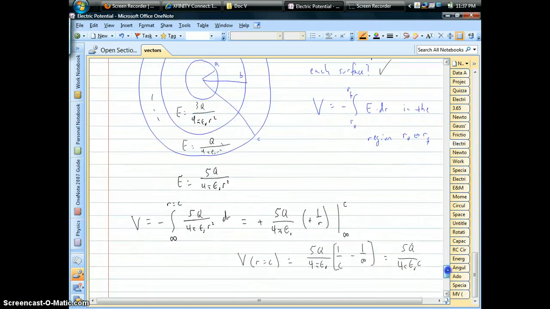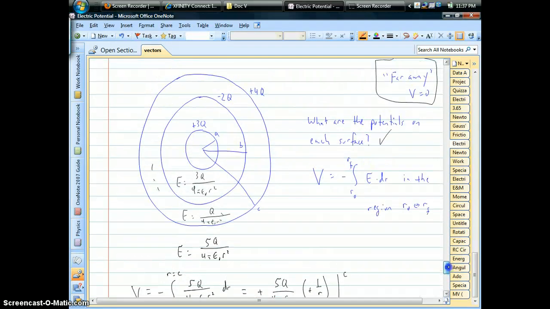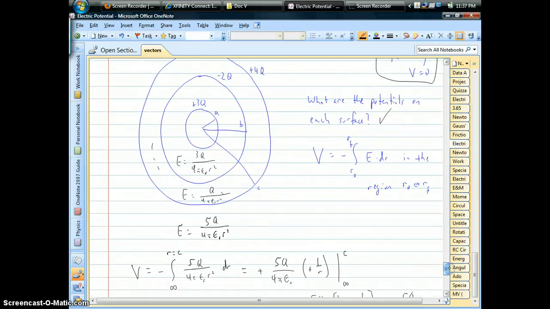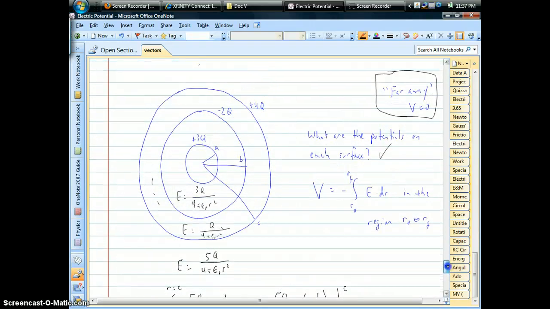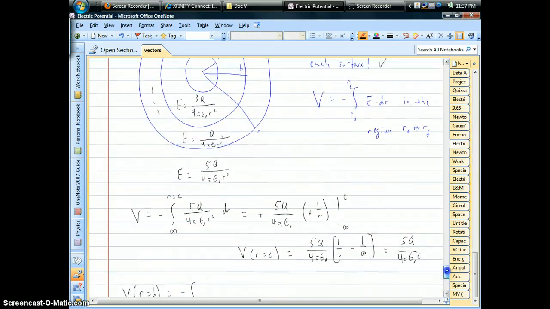Well, what if we want to go to the middle ball? What if we want to find our voltage at a radius of b? Well, we have to start at infinity and work our way inwards. We have to do everything with reference to our 0 voltage, which is far away. So we have to start at infinity and go through whatever electric field there is.